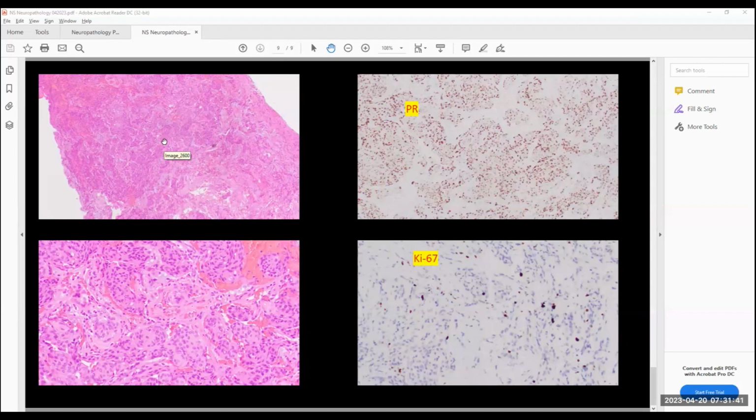At the bottom of the left set, you can see that the cells are low grade and forming whorls and nests with some pseudo inclusions. I don't see the bottom of the slide, so I'll go to the immunohistochemical stains. It's uniformly progesterone receptor positive, which happens in meningiomas, and the Ki67 is low. So meningioma, WHO grade 1.